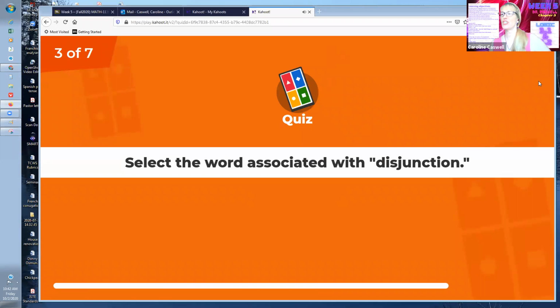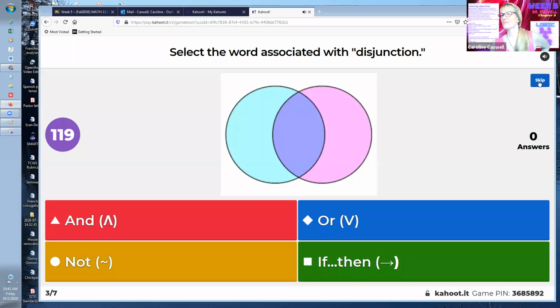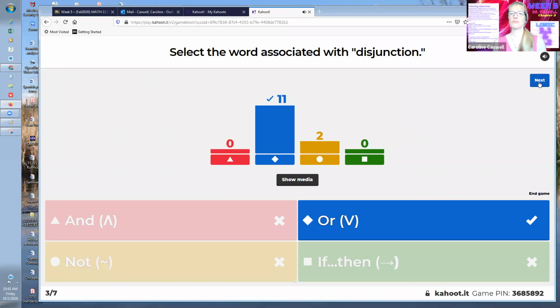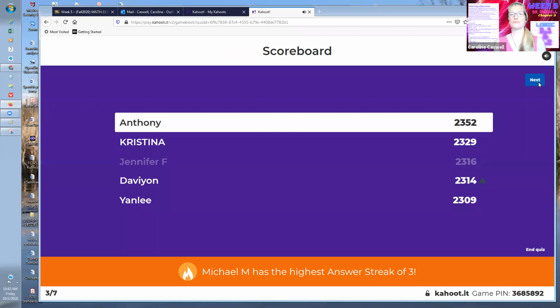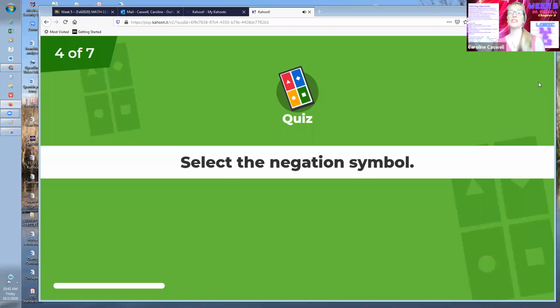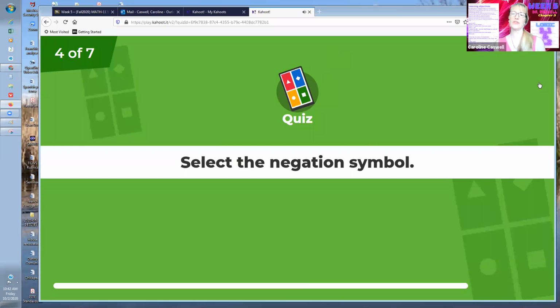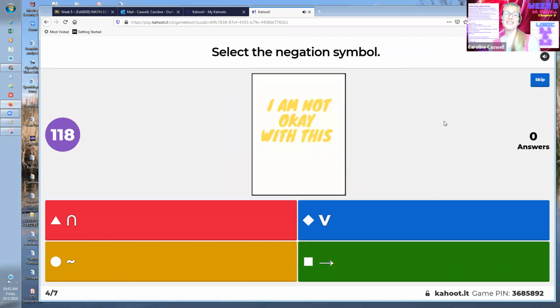Next, disjunction. Okay, it is or. Conditional is if then, biconditional is if and only if. Select the negation symbol. Which one is the negation symbol?